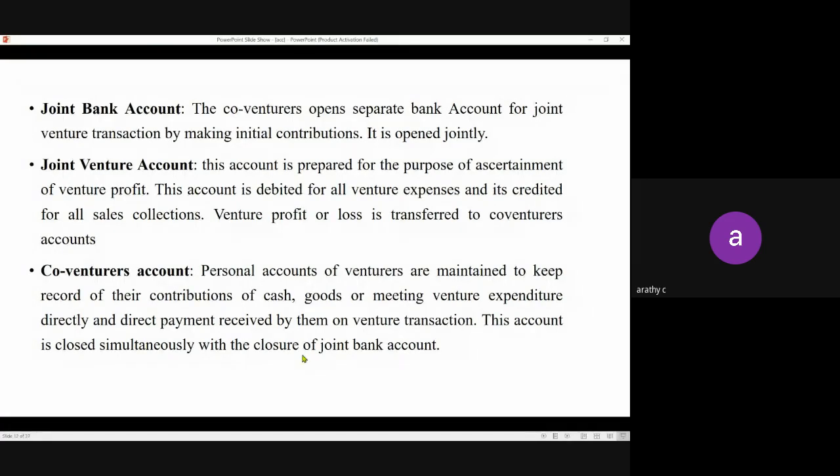And this account is closed simultaneously with the closure of joint bank account. So these are the three main accounts prepared when separate sets of books are maintained: joint bank account, joint venture account, and co-venturers account.